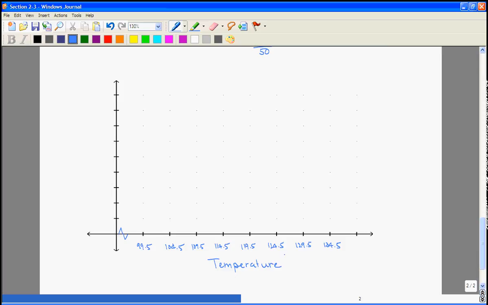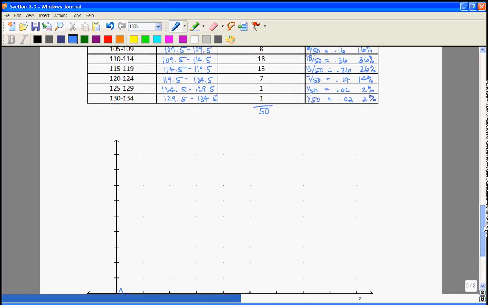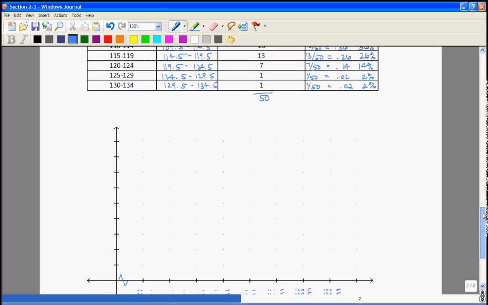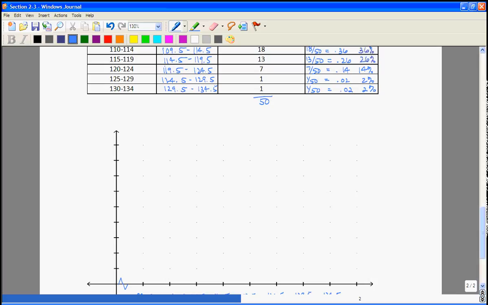Now for our vertical axis, we're not talking about the frequencies this time, but the relative frequency. So we're going to label the percentages. And we don't have to go up to 100 since our highest frequency is only 36%. So let's go up to 40% or so.